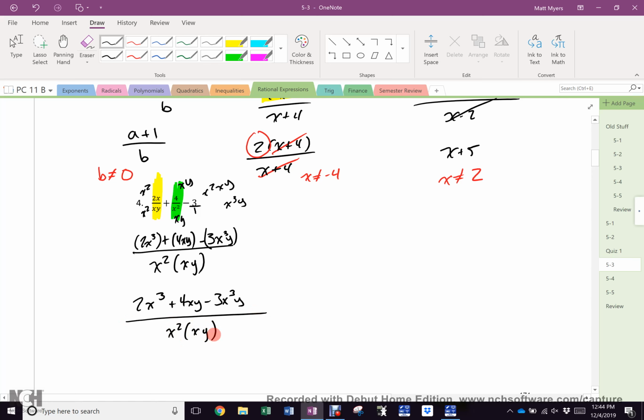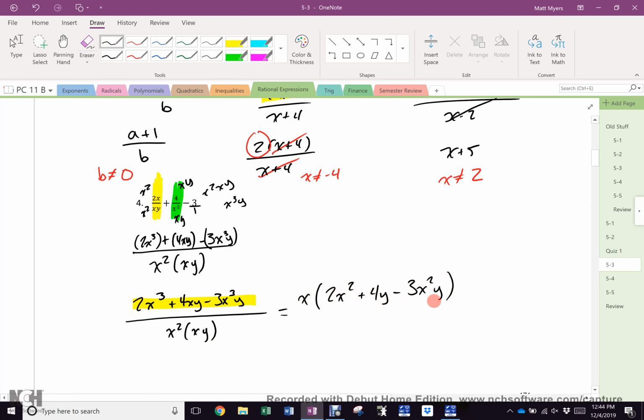What should I do now? I finished the adding, just like if it was a fraction. What's your last step in Mrs. Bag Crumble's class? Simplify if you can. Well, these are polynomials. What simplifies a polynomial? Starts with an F. Factor it. What can come out of the numerator? How many x's? 1 x, leaving me with 2x squared plus 4y minus 3x squared y.